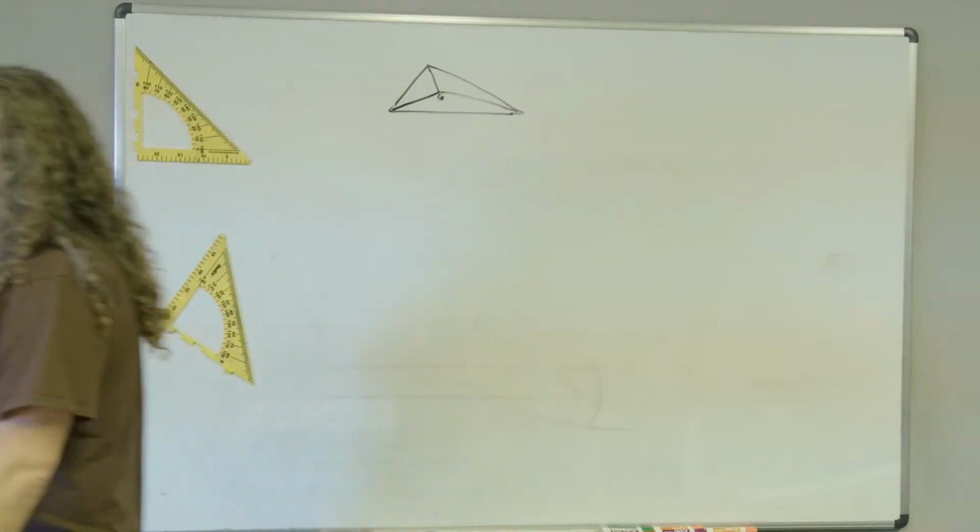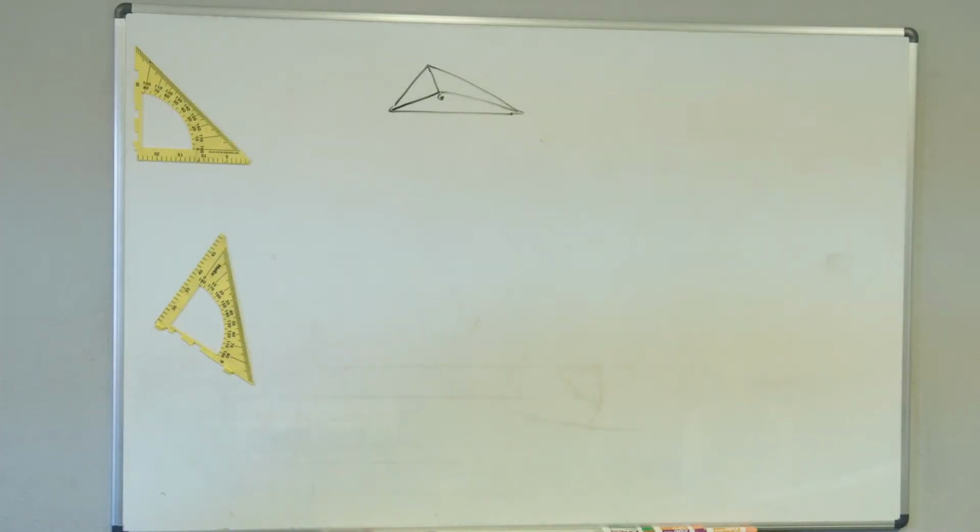What does bisect mean? Not cross. What does that prefix bi mean? Two.